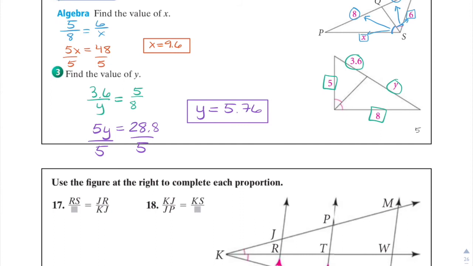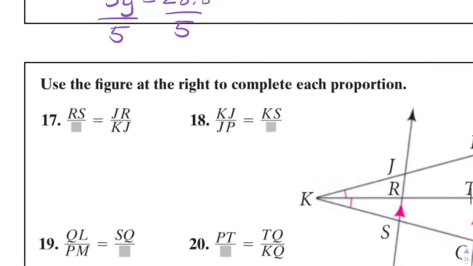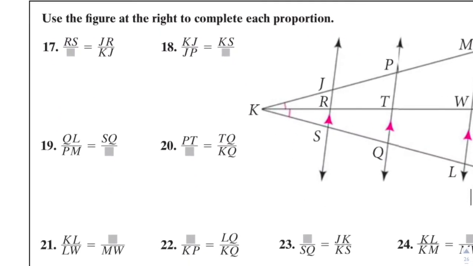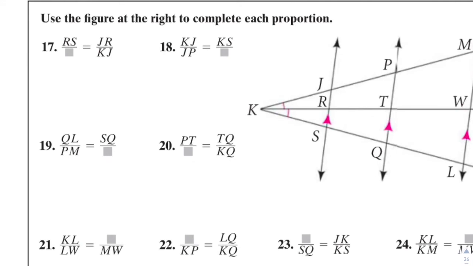All right, this last one. So we have RS. Let's see. We have our figure at the right. So here's angle bisector. So RS is to something as JR is to KJ.